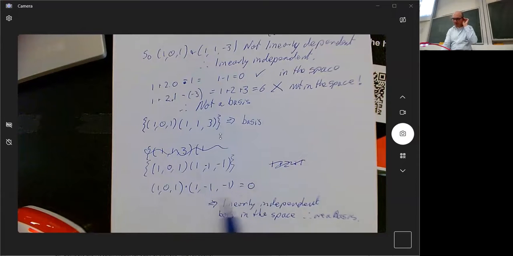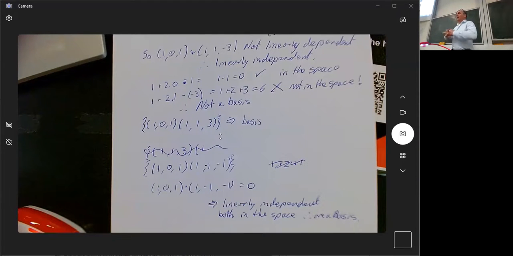So I can use the dot product being equal to 0 to show that they're linearly independent. The dot product doesn't have to be equal to 0 for vectors to be linearly independent. It does have to be 0 for them to be orthogonal. But that's the rule that says an orthogonal set of vectors is linearly independent, in the space.